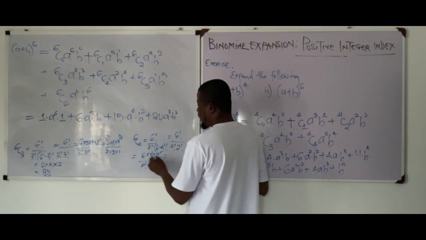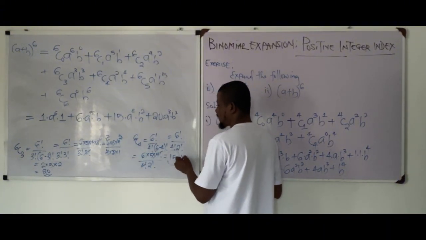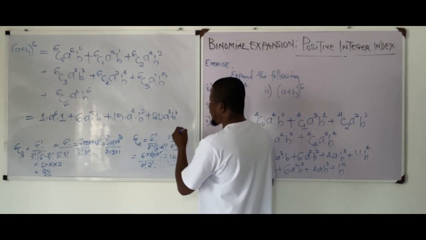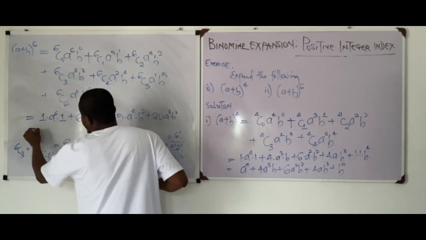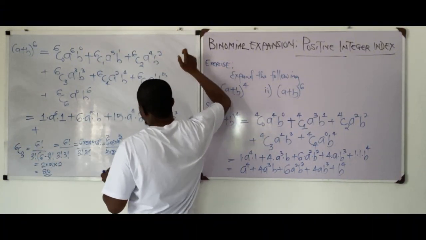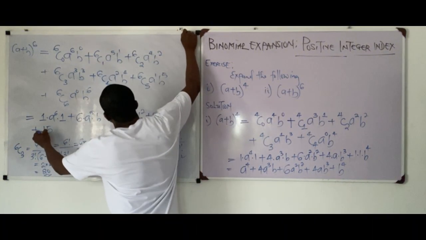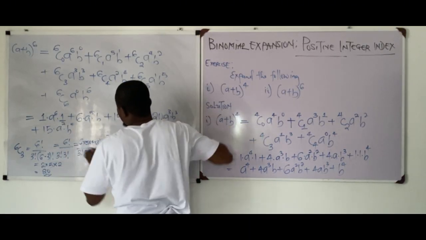This clears this. I have 6 times 5, which is 30, divided by 2 is 15, right? Okay, so we have plus, let me write it down here. That's for 6 combination 4. I have 15, then a squared b to power 4.